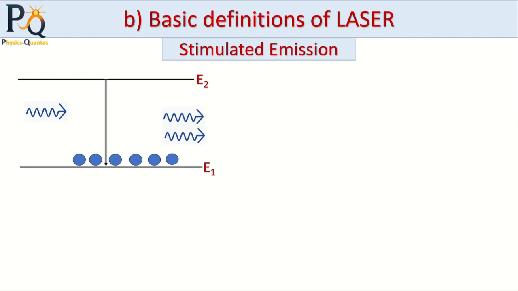As a result, two photons are released: the applied photon and the emitted photon. The interesting thing is that the characteristics of the applied photon, like wavelength, frequency and phase, are all the same for the emitted photon also, which gives the laser its different characteristics.